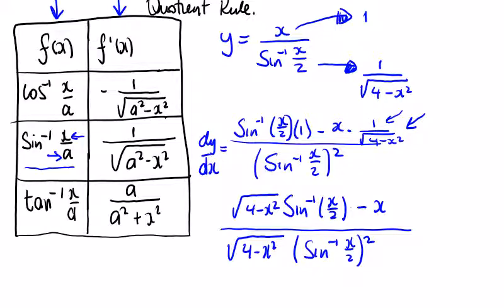Be careful at this point not to think, oh, I can cancel the square root of 4 minus x squared here, because there is a 1 in here. The reason we've multiplied by it is to have this x on its own. So that's, in its simplest form, that's the answer to this question.